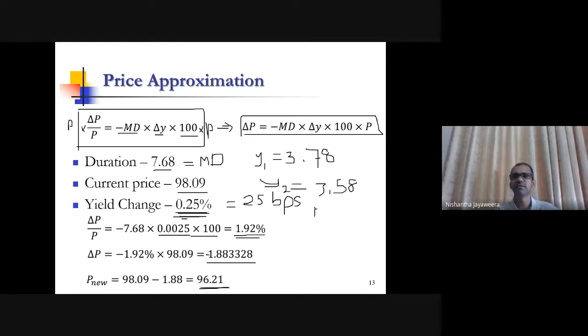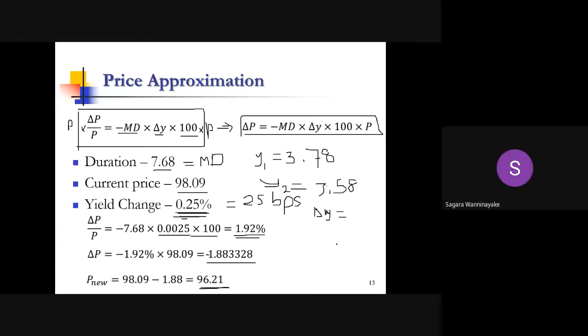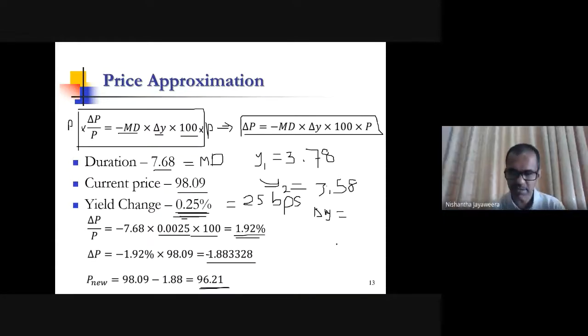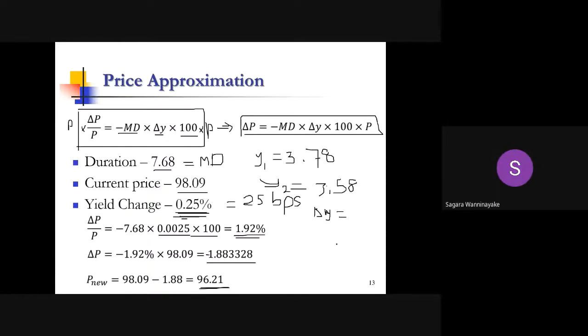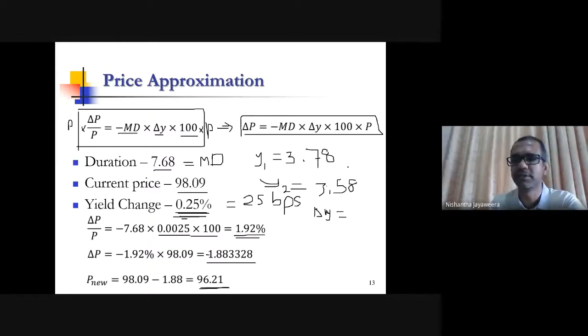What is the change in yield? It is 20 basis points.